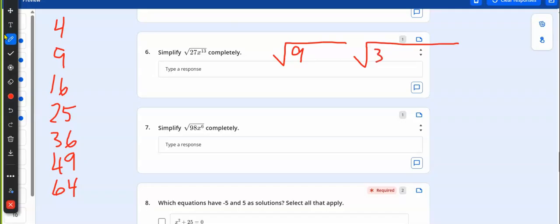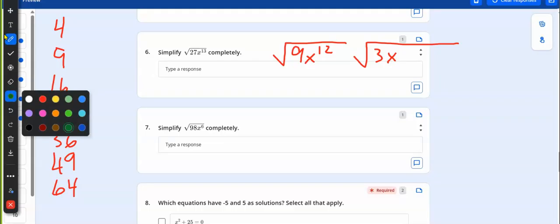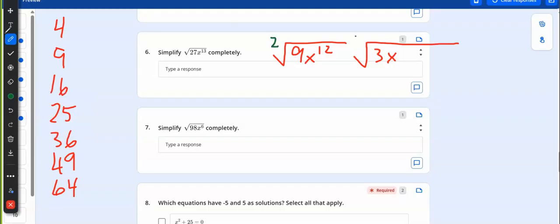3. Good. Now, do you understand why I'm breaking this up into 12 and 1 extra? I took the 13, I broke it up into 12 and 1 extra. Do you know why? No. Okay. Well, the index that's sitting on the outside of these square roots is a 2.